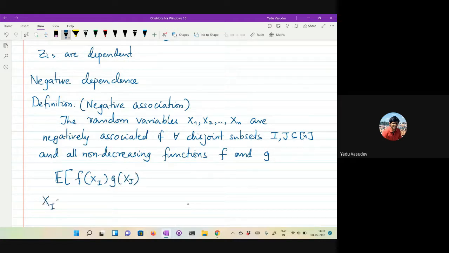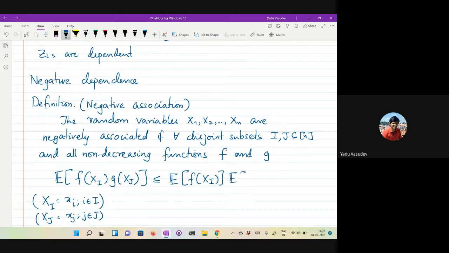By xI I mean the set xi, i in I, which is just a shorthand. Similarly, xJ is xj, j in J. These are just shorthands.